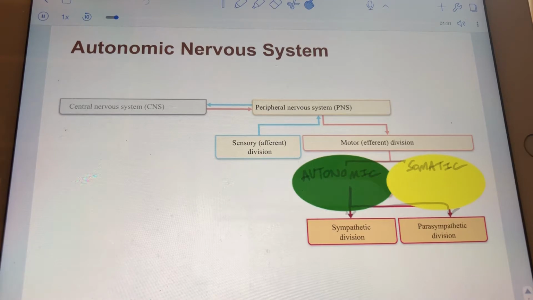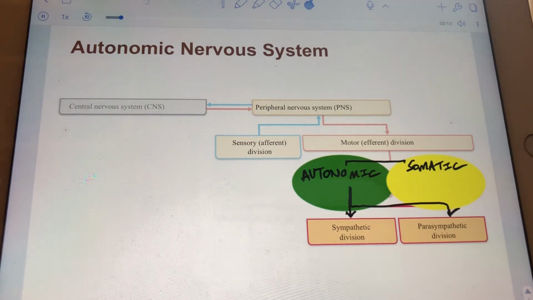So what this looks like on your end, if you're looking at the original slide, over here would be somatic, over here would be autonomic. And then the autonomic is further subdivided into sympathetic and parasympathetic.